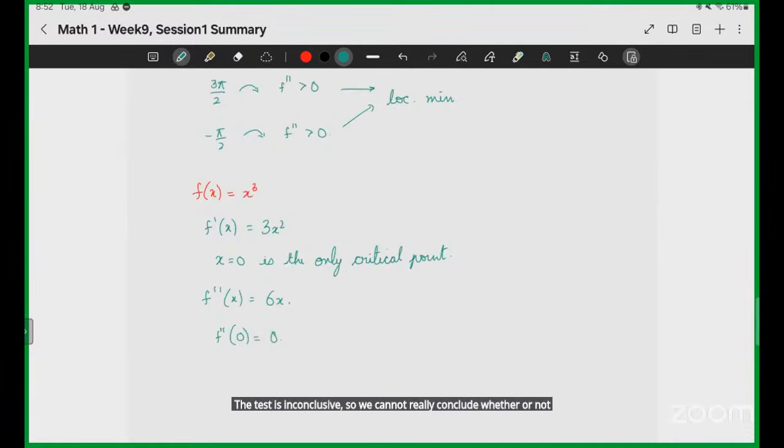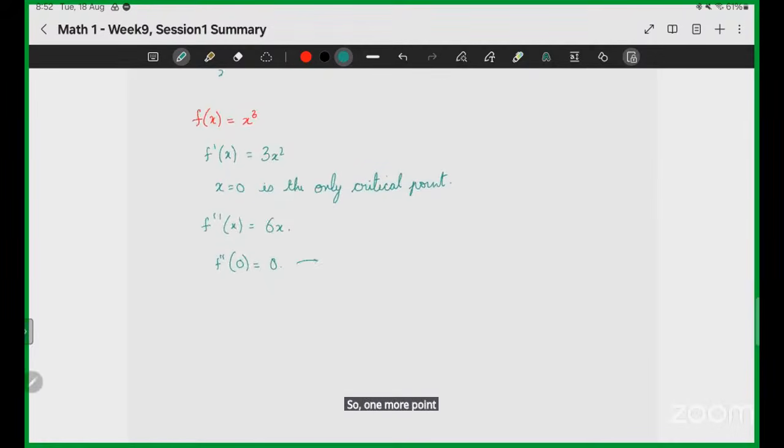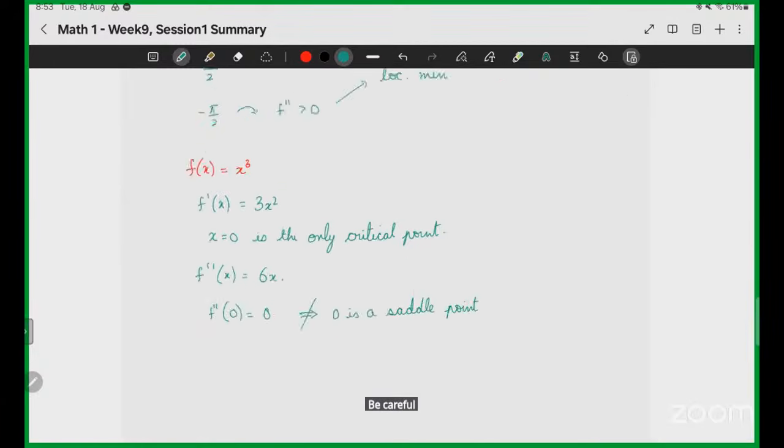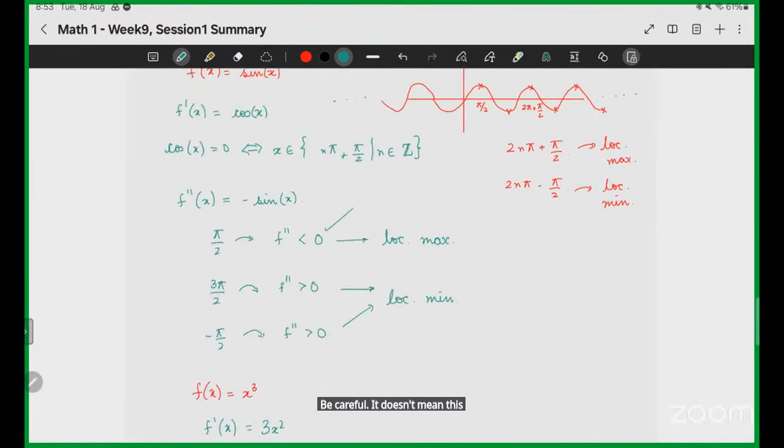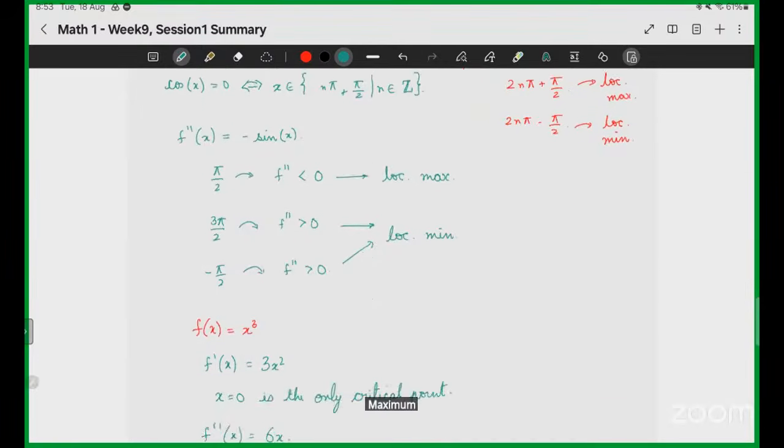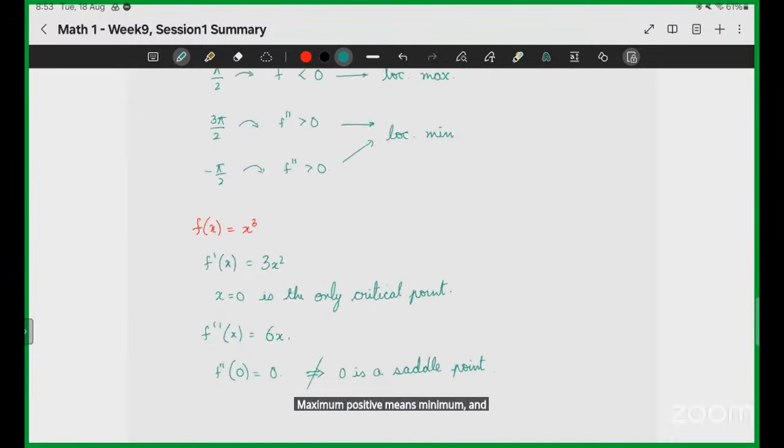So one more point to remember is that this does not imply that 0 is a saddle point. Be careful. Negative means maximum, positive means minimum, and 0 means inconclusive.